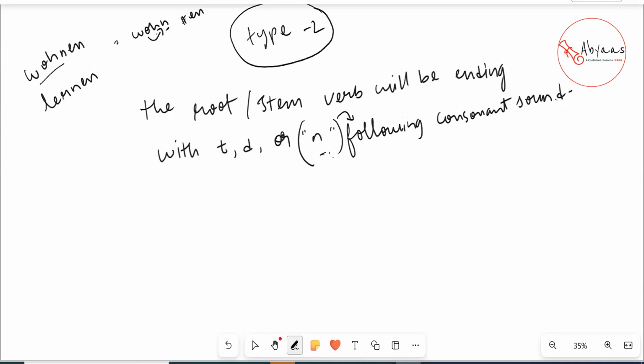Getting it? Coming to lernen, this rn is like a combination. If I take learn plus en, this e is affecting both r and n. It's like a combination. The r sound is not dominated over here. Because of this, it became a combination. Hence, it falls under first type.